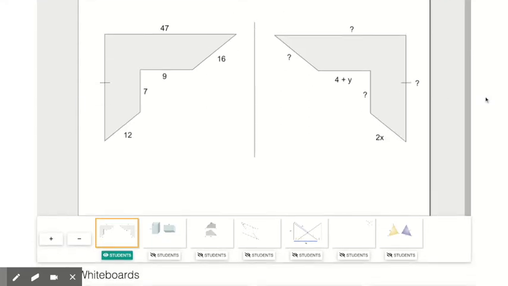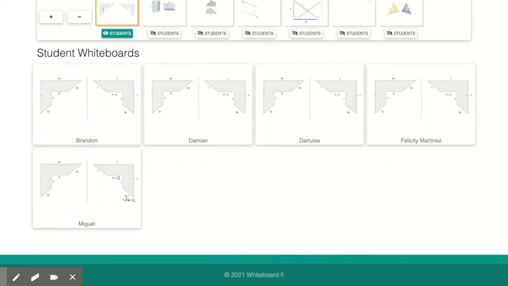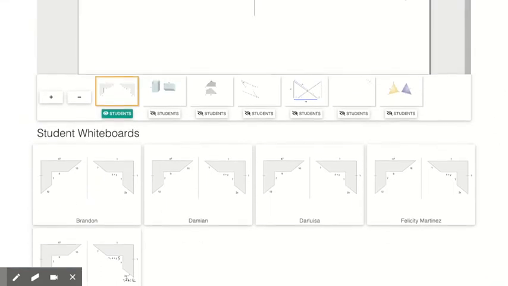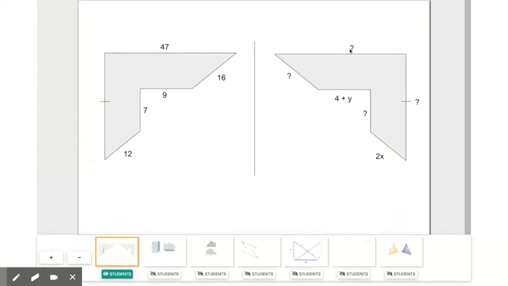For the sake of our purposes, I'm going to state that the figure on the left could be flipped and flipped on top of figure 2. If figure 1 was flipped onto figure 2, what could these question marks on figure 2 be?